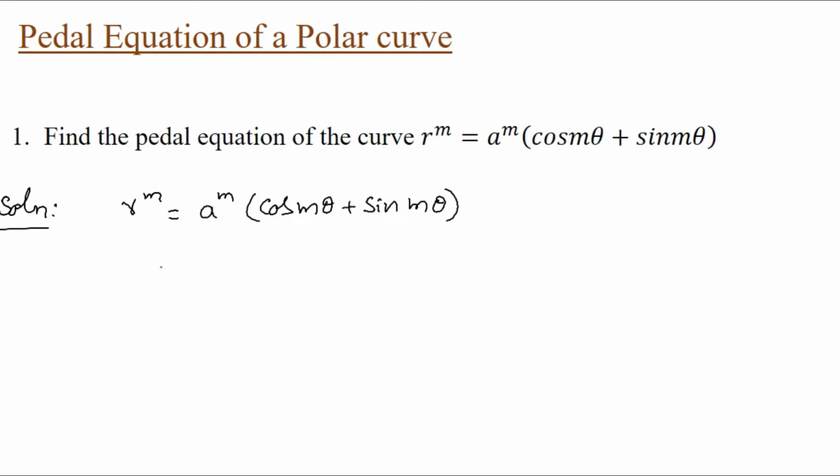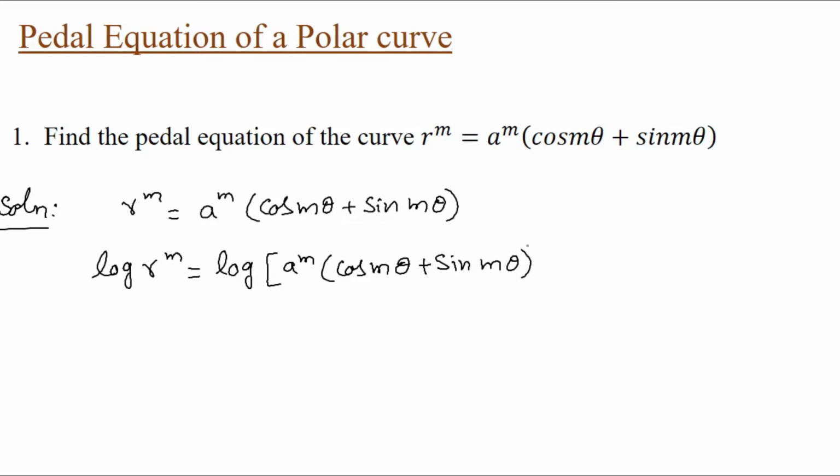So let us take log on both sides. We get log of r^m equals log of a^m (cos m theta + sin m theta). Or further, this can be written as log of a^m plus log of (cos m theta + sin m theta).